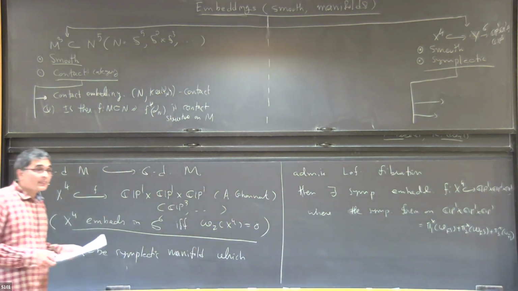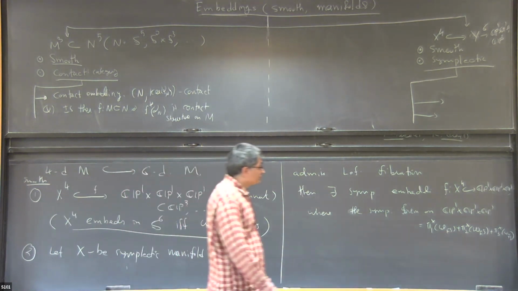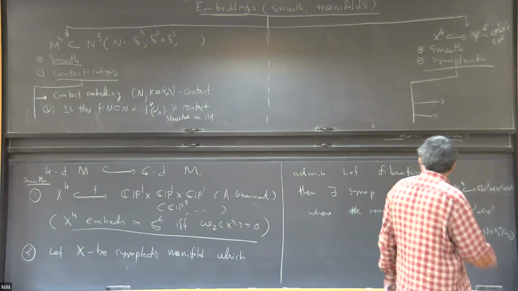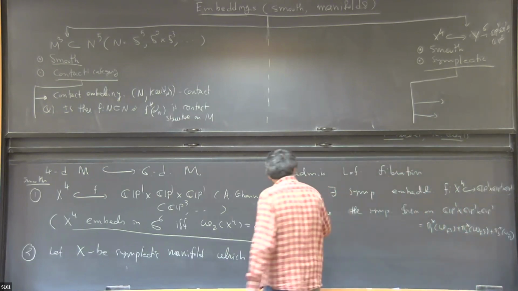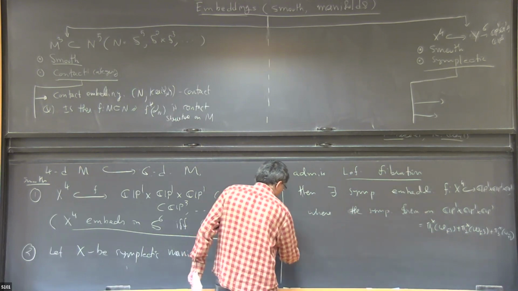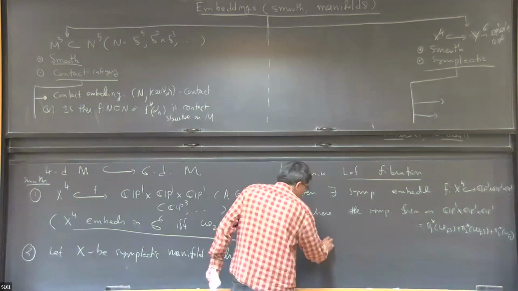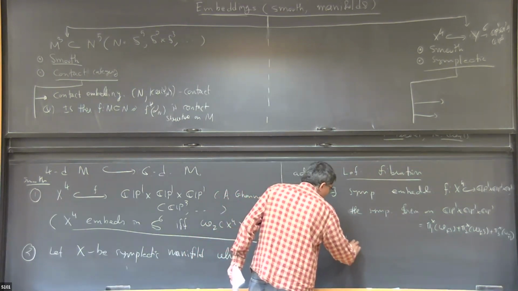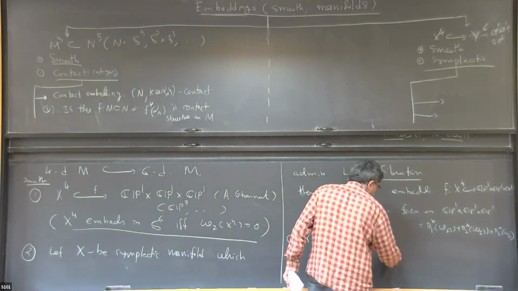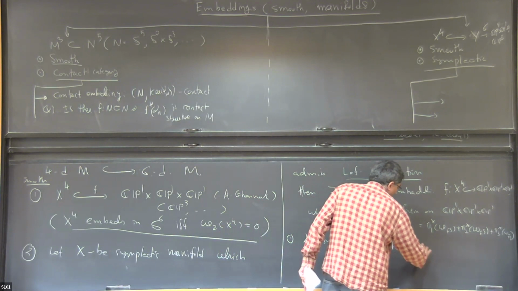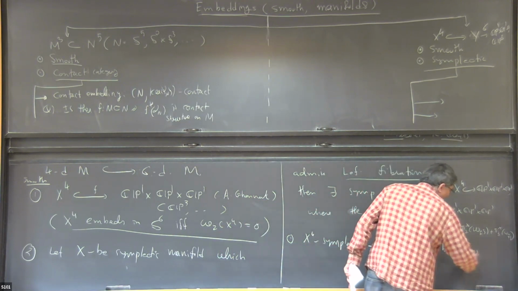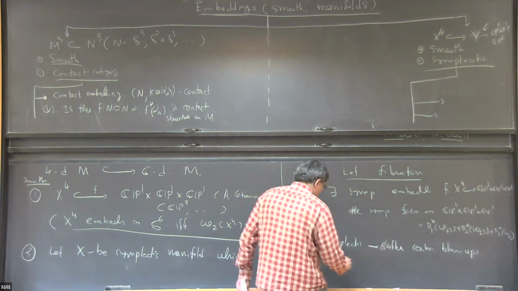So to clarify, you're realizing it as a symplectic submanifold of this. No, but there is a condition here that it has a Lefschetz fibration. What this condition means is that you start with a symplectic manifold, and after certain blow-ups, you get an embedding.